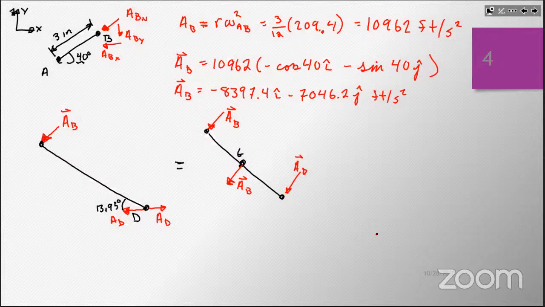We're all moving at that, and then we're going to add our next point where I keep B fixed, and this is going to create some omega BD and some alpha BD about that point.